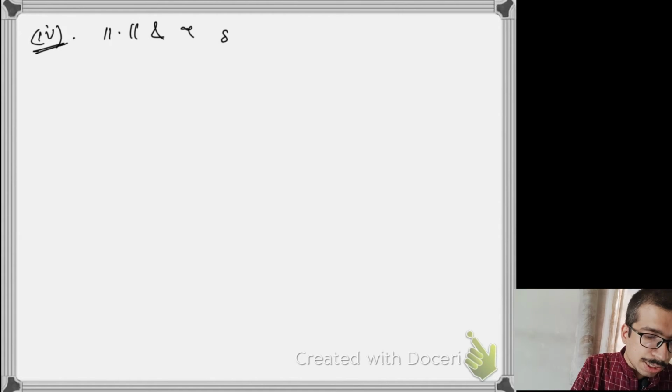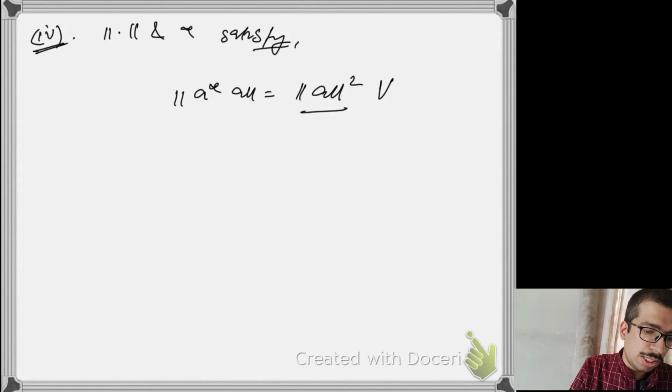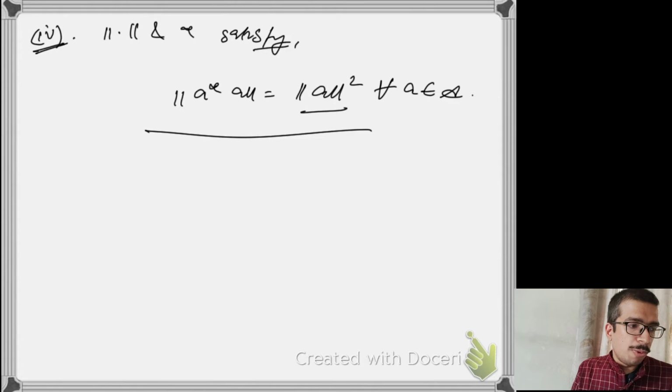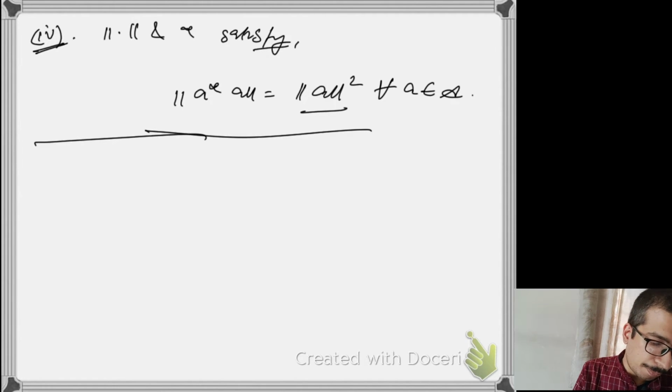And fourthly, if I take the norm and star together, they satisfy that the norm of A*A must be equal to the norm of A squared for all A in the algebra. So this is one more additional property we have seen. Together, these four properties define a C-star algebra.